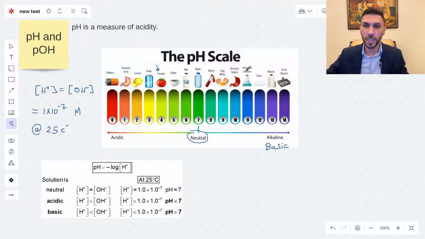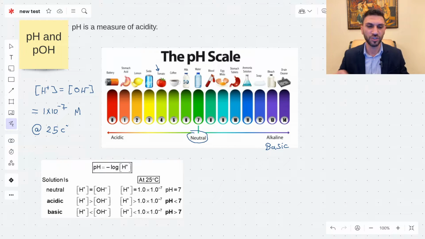The ammonia solution is of course basic because its pH is 11. Stomach tablet is also basic because the pH is 10. Whereas the lemon has a pH of 2, and that's why the lemon is acidic, as well as the battery, the stomach acid, etc.